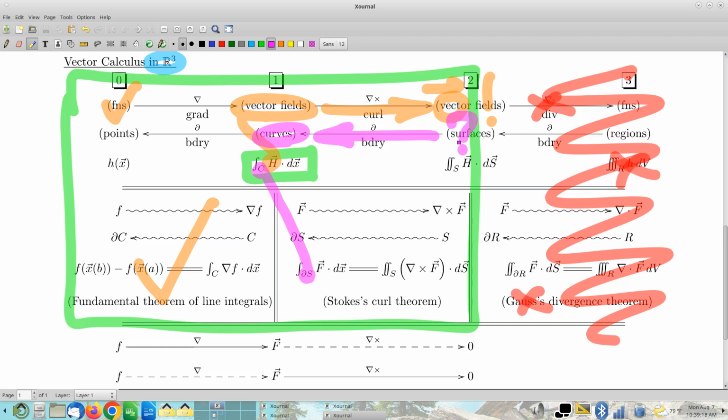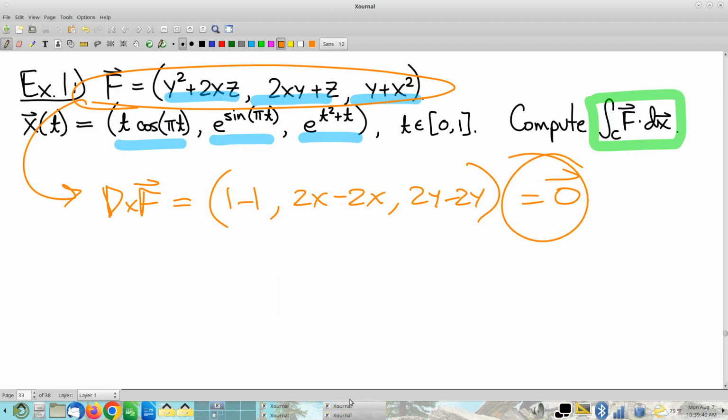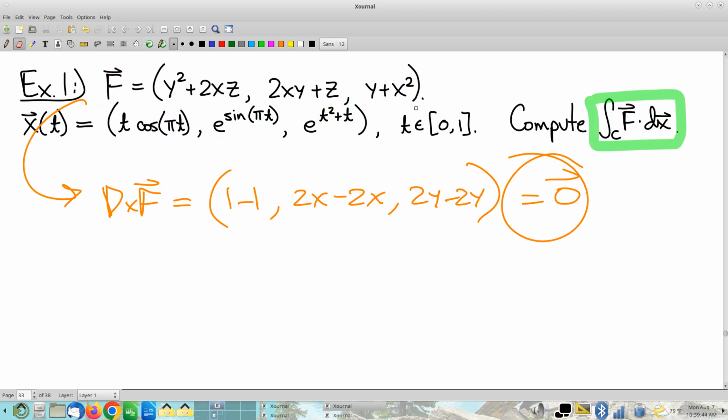And I don't yet know, is my curve a boundary of some surface? Now again, you can jump on with the fundamental theorem and just do it that way, but I want to entertain all of our options first. Let's think through what are our options. Sometimes there's one good option and another even better option, right? So let's be open to that possibility. Is our curve a boundary of something? Hard question. Here's my curve.